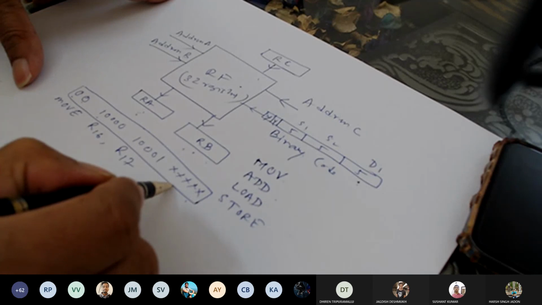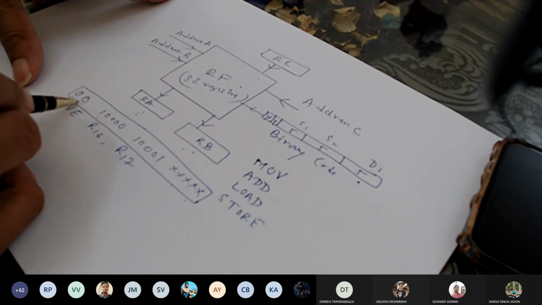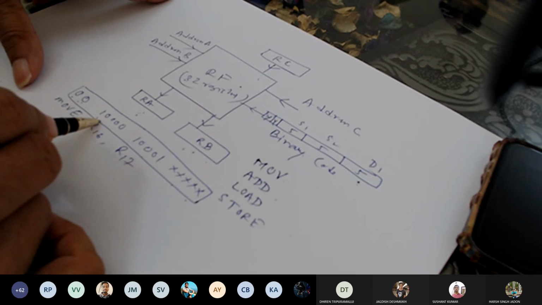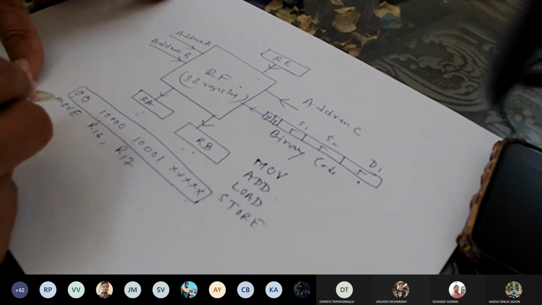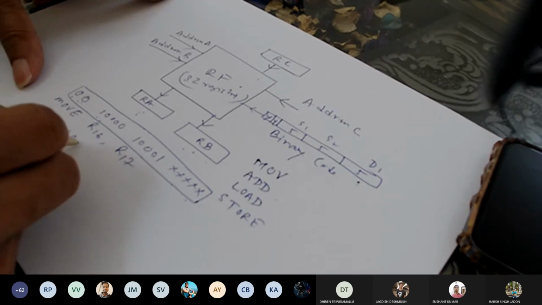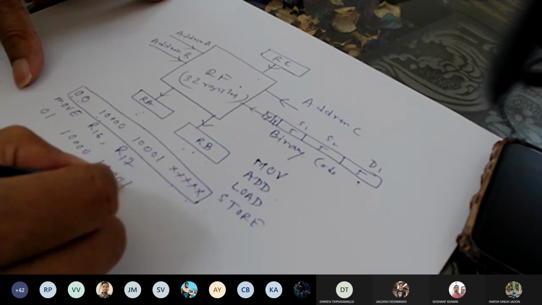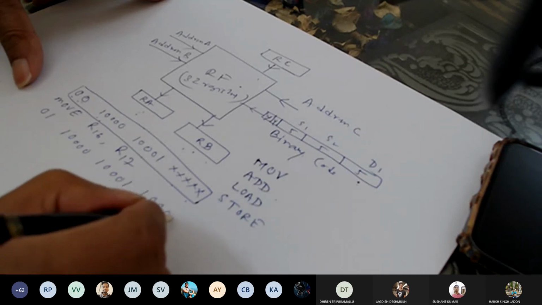So what will it do? Depending on the first two bits, it will decide that this is a move, so the value of this one will be moved to this. If my command is add, it will be 0 1 1 0 0 0 0 1 0 0 0 1 1 0 0 0 2.